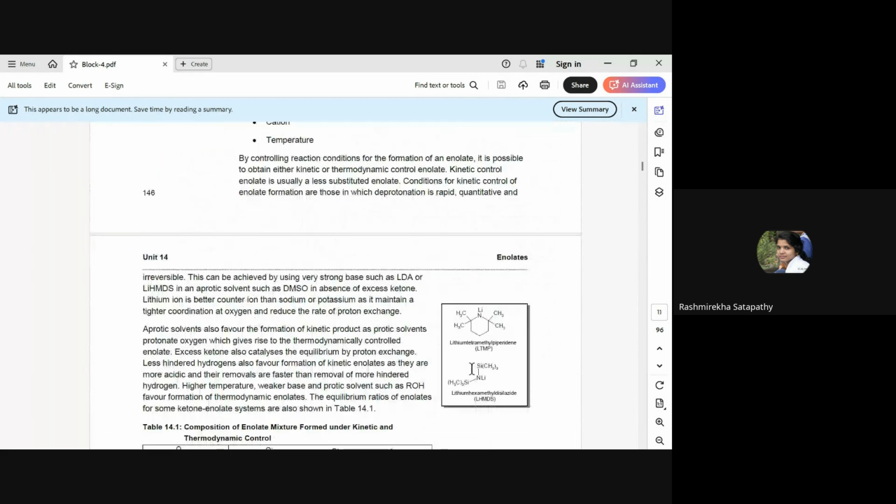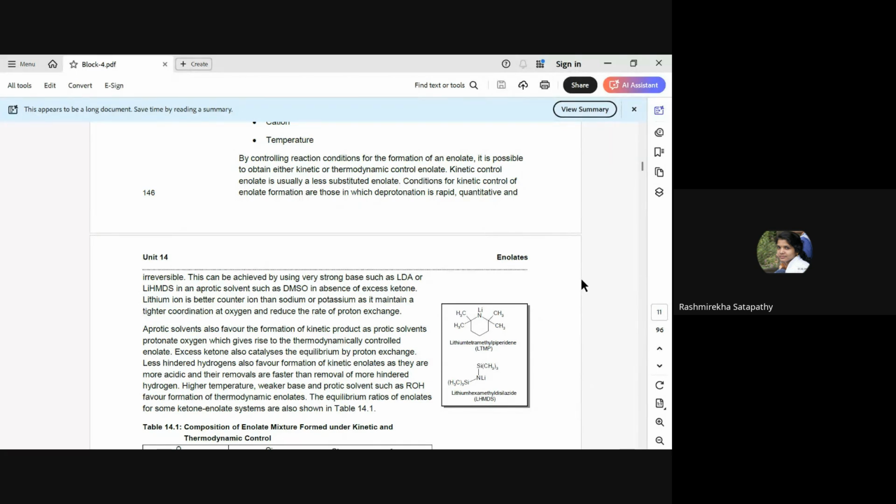So by controlling the reaction conditions for formation of an enolate, it is possible to obtain either the kinetic or thermodynamic control enolate. The kinetic control enolate is usually the less substituted enolate. Kinetic enolates are less substituted enolates and thermodynamic enolates are more substituted enolates.